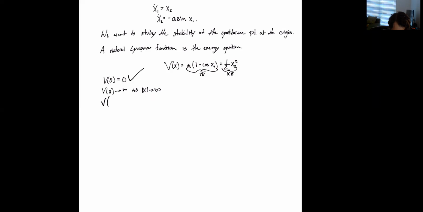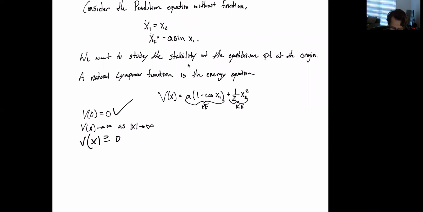And lastly, we want to check that V of x is positive semi-definite. We can do that with the same argument. The range of cosine of x1, or cosine in general for any domain, is between minus 1 and plus 1, right?